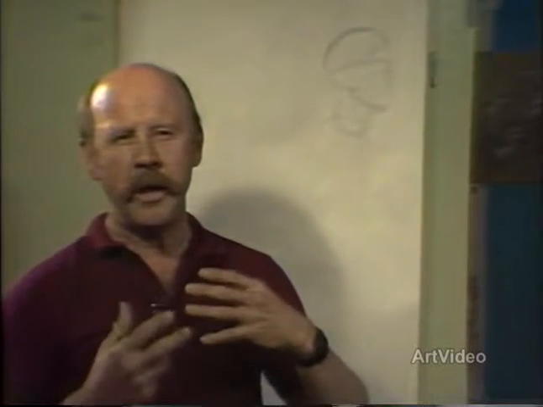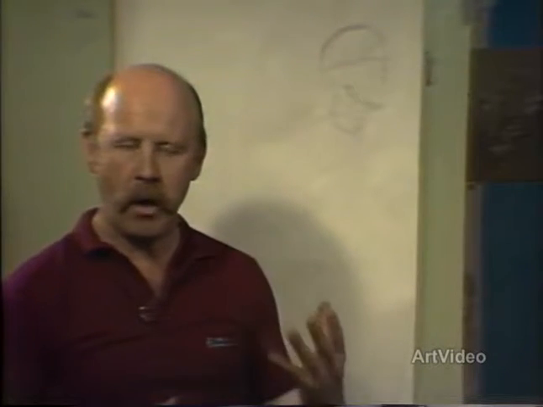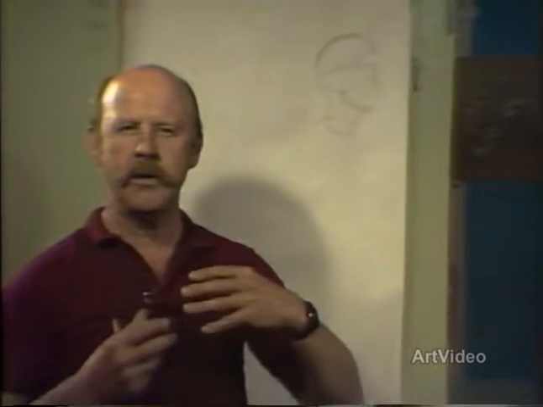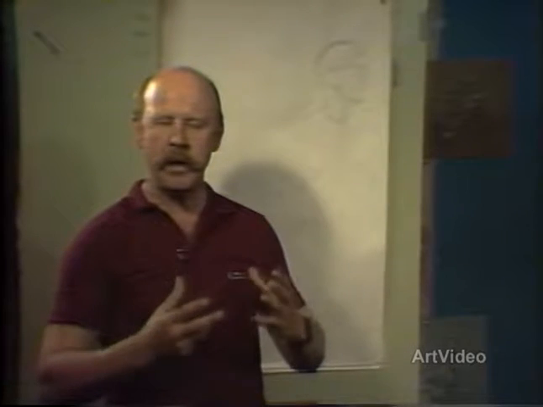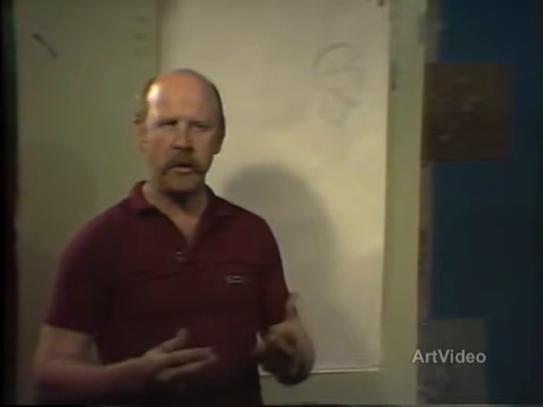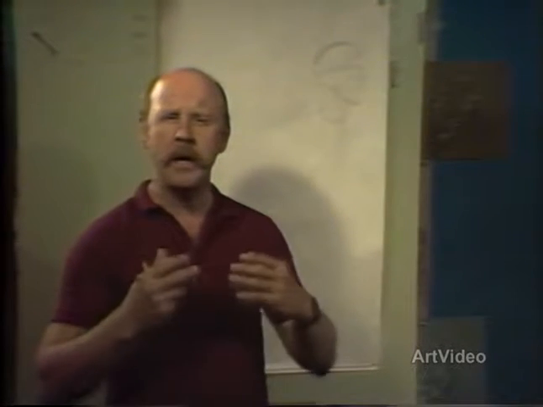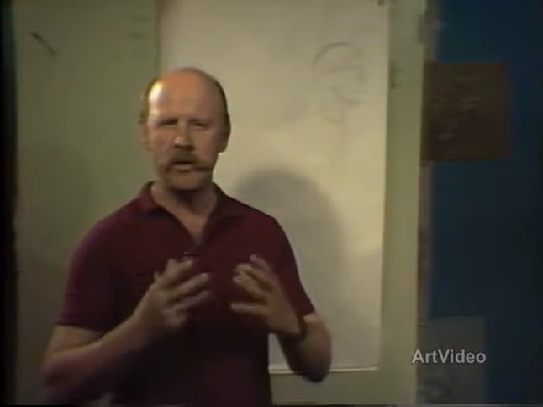Now, the thing that you try to do is first realize that when you are drawing from a model, you aren't copying the model. What you're doing is analyzing that model and trying to find ways to communicate this thing. We use a system of simplified forms, synthetic forms, we usually refer to it as. And the basic element that we work with is the sphere.